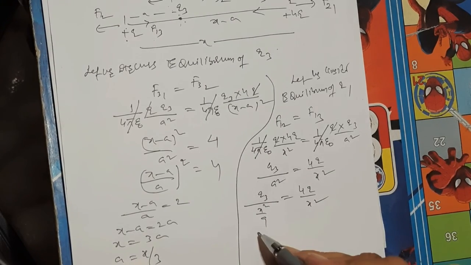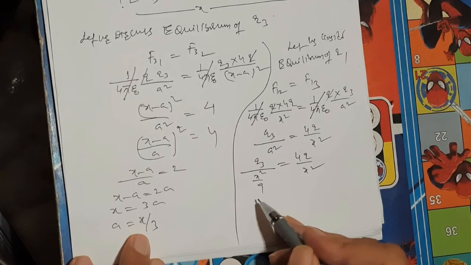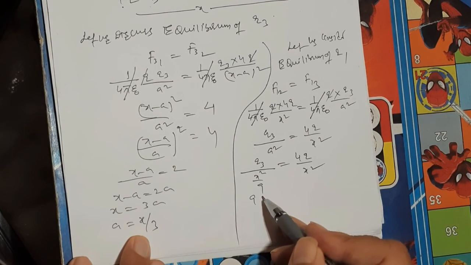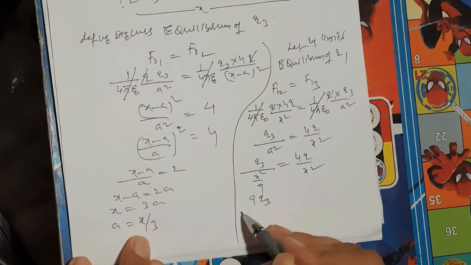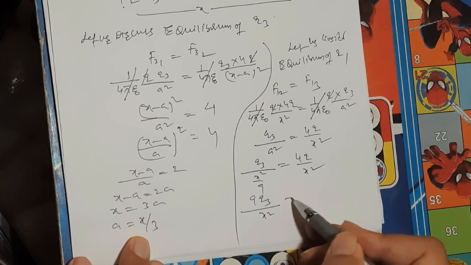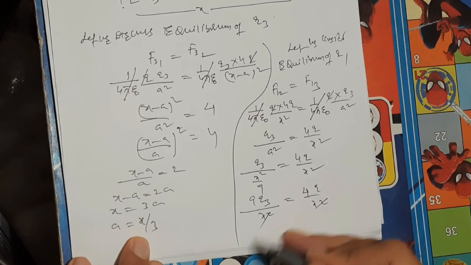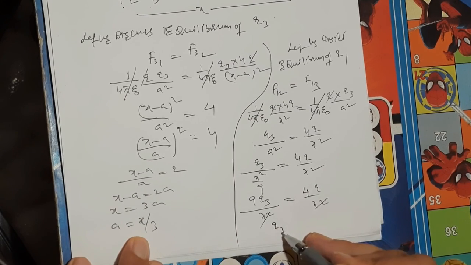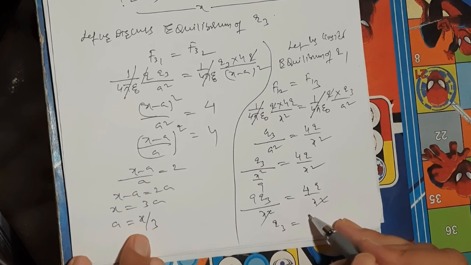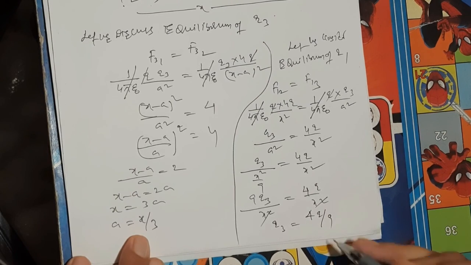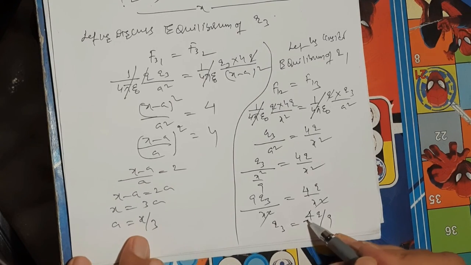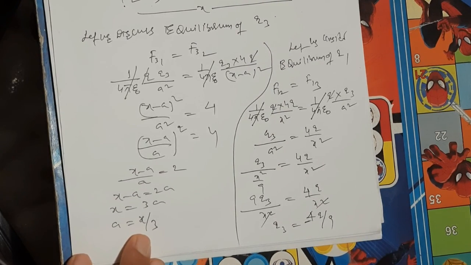Right. That means here 9 Q3 divided by x square is equal to 4Q by x square. x square gets cancelled. Q3 is equal to how much here? 4Q by 9. The value of Q3, that is a negative charge, so minus 4Q by 9.